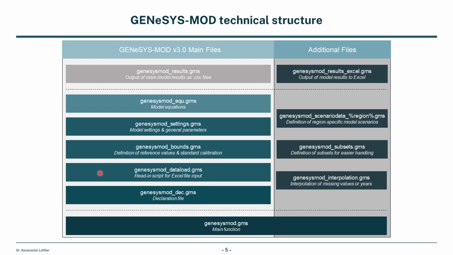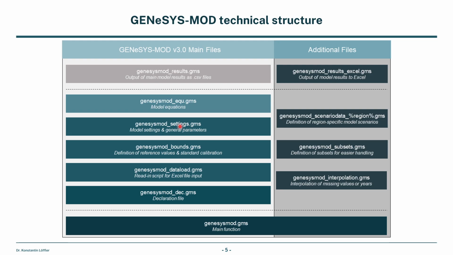Then follows a data load file, which essentially reads all the data points from the Excel input files. Currently the input is handled via Excel files. I will go into that in a moment. Then after the data load, there comes the bounds. This is essentially a definition of reference values like default values and some very basic calibration in the beginning, followed by a file that's called GENeSYS-MOD settings.